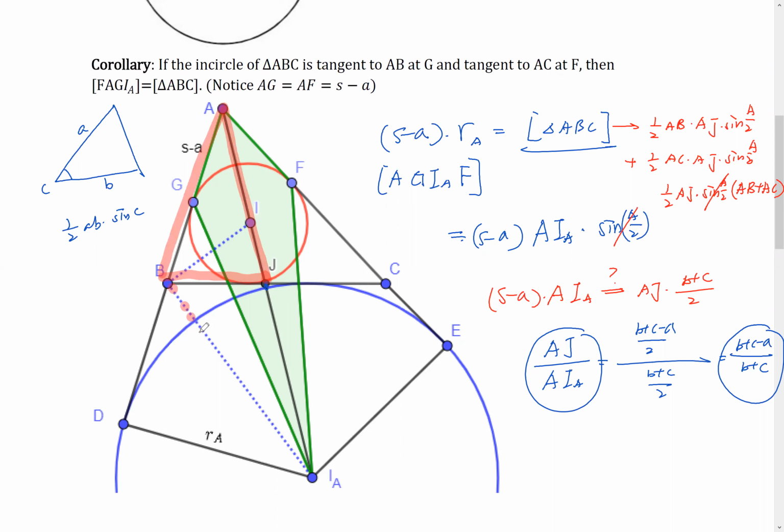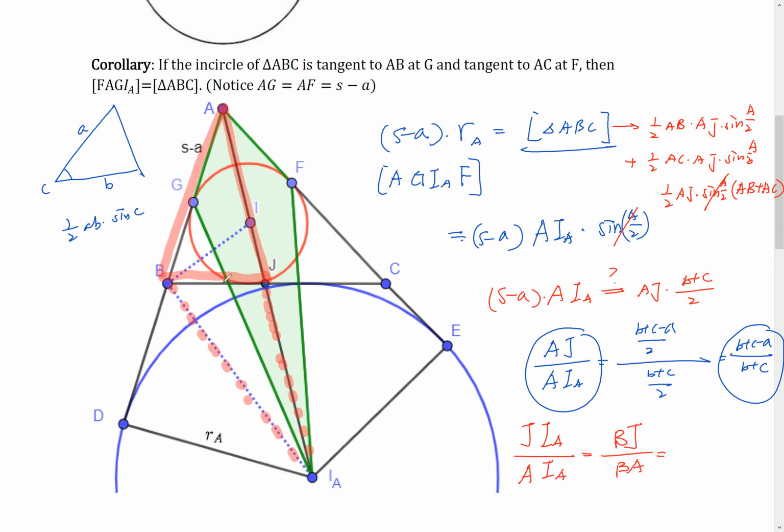I have drawn an exterior angle bisector meeting the extension of AJ here at point IA. I'm going to apply the exterior angle bisector theorem. What does that theorem say? Do you remember? It says JIA divided by AIA equals BJ divided by BA.